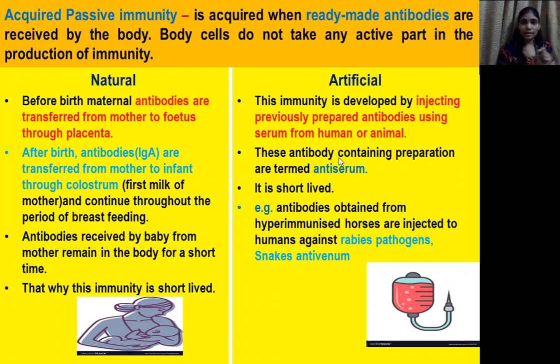These antibody-containing preparations are termed anti-serum. So artificial antibody preparation is called anti-serum, and it is short-lived. For example, antibodies obtained from hyperimmunized horses are injected into humans against the rabies pathogen. One more example is snake antivenom.